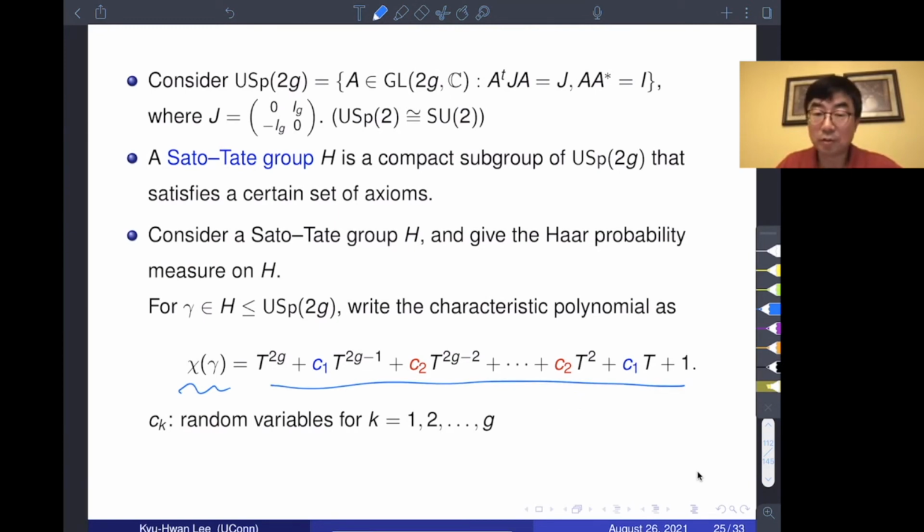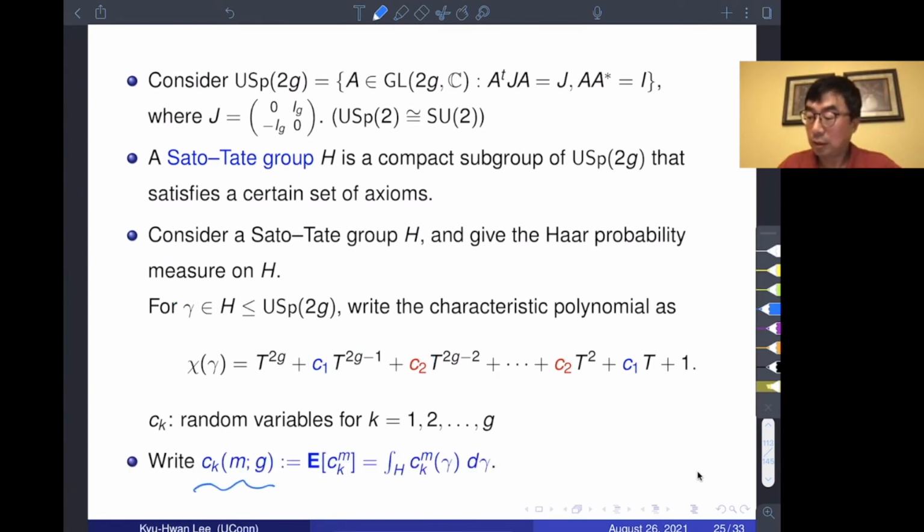It is a reciprocal polynomial. We consider this gamma as a random matrix, and these coefficients are considered as random variables. Then we can consider the mth moment by computing this integral.